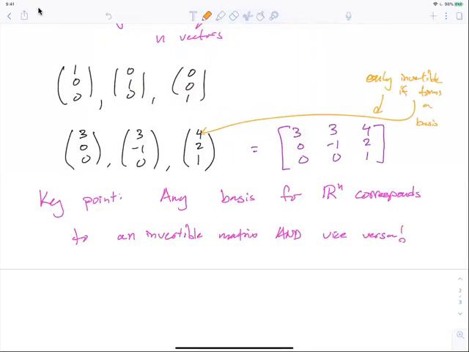So if you just take the matrix generated by all the vectors, and just amalgamate the vectors into a matrix, that matrix is only going to be invertible if the original vectors formed a basis for Rn.